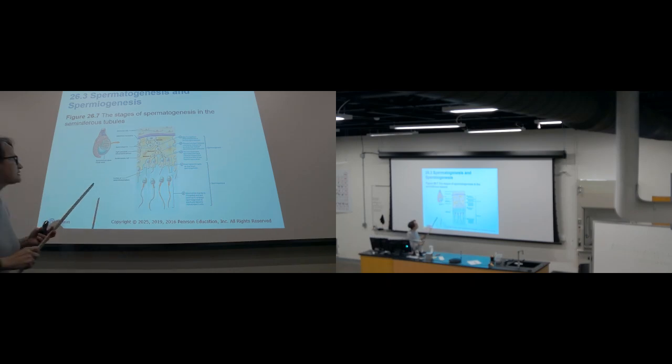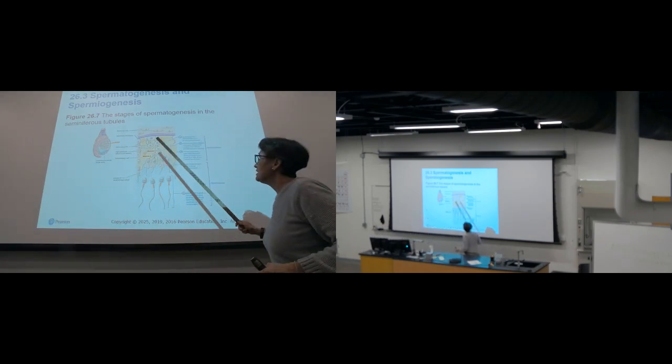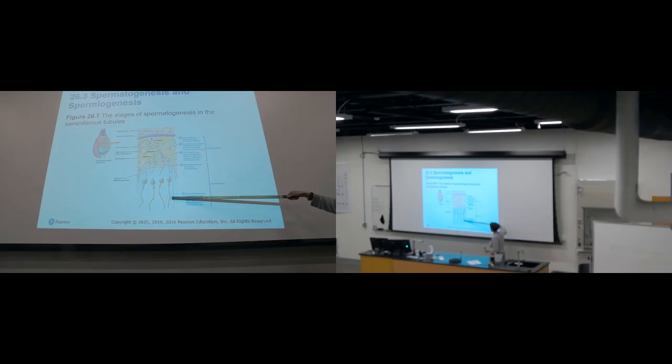So this is both spermatogenesis and spermiogenesis. You have your spermatogonia undergo mitosis, so it creates another spermatogonia and a primary spermatocyte.